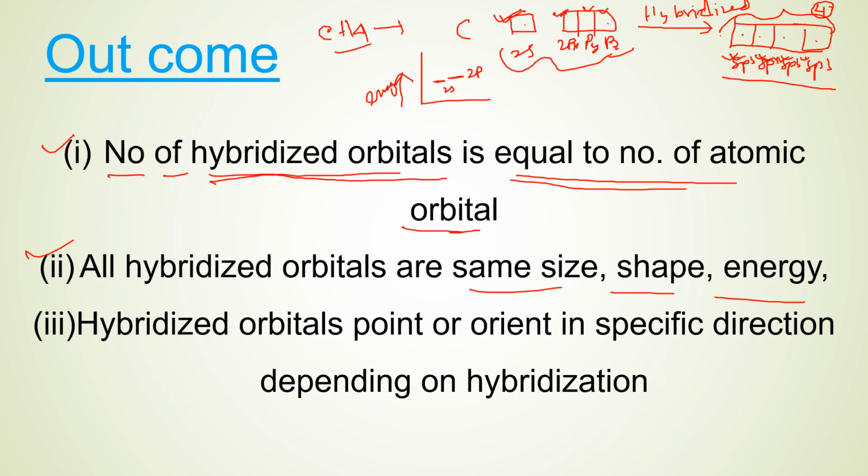But when they become hybridized orbitals, all four sp3 hybridized orbitals are at the same energy level. Neither of them is up, nor any of them down. But in 2s and 2p, there is a little energy difference between s and p. So all hybridized orbitals are of the same energy, same shape, and same size.